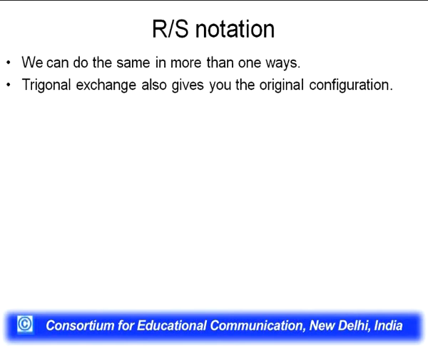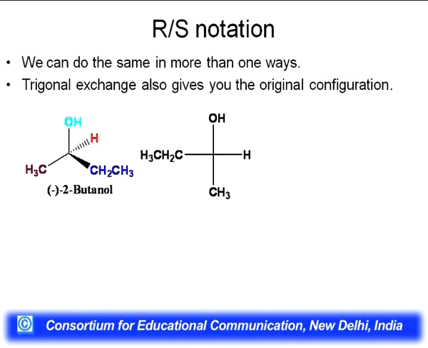Moving on to another type of procedure using the Fischer projection formula, I again draw the same structure, the configuration in Fischer projection, and this time what I do, I change this.